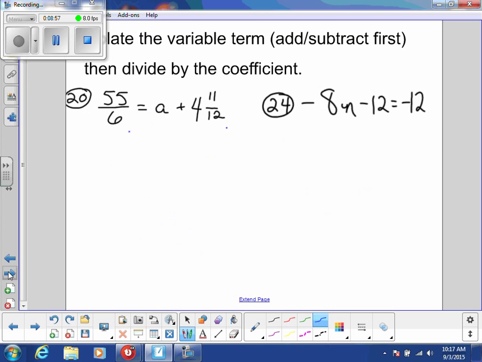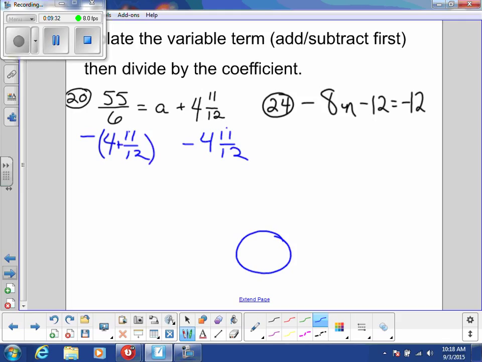All right, we're going to do 3 more. Here's number 20. Another situation with a mixed number this time. Remember that mixed numbers have to be put in the calculator as 4 plus 11 over 12. There's more to it than that, because when we subtract -4 and 11/12 from both sides, you have to remember to insert some parentheses right here.